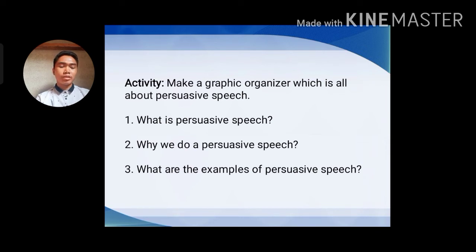Okay, very good. Other examples of persuasive speech are sales speech and debate. During the sales speech, a person is trying to convince his or her customers in order to buy his or her products.